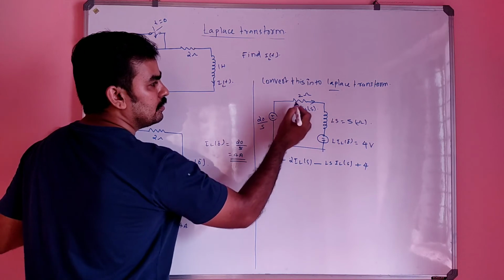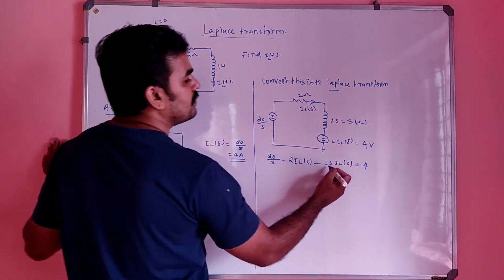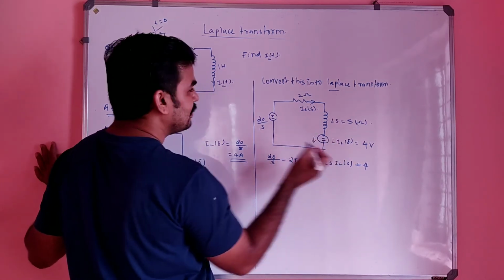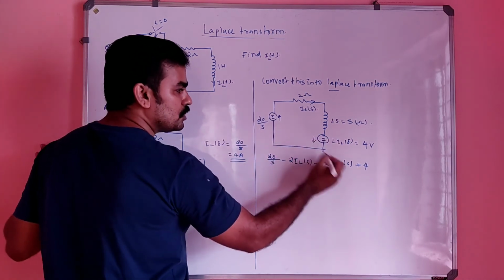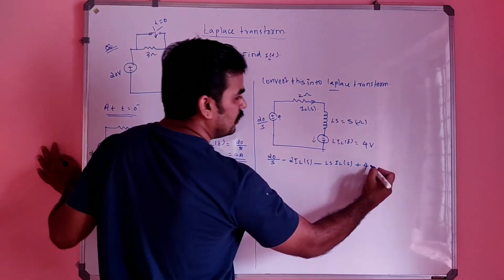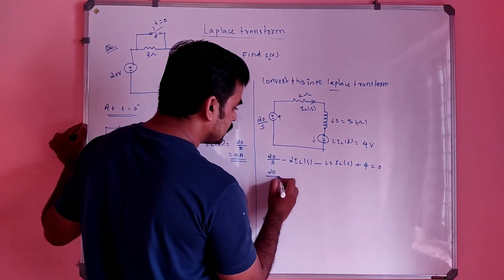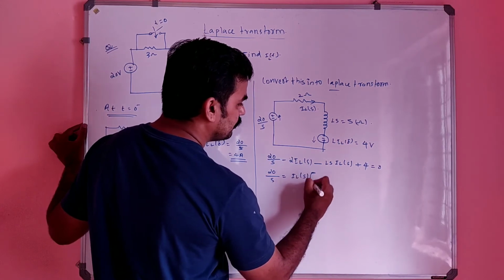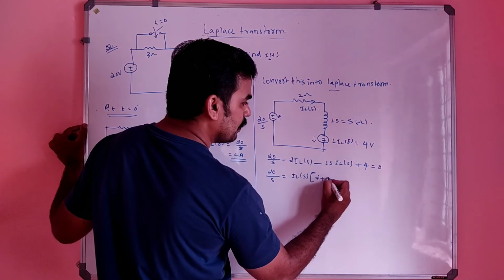Going through the source, minus to plus means increasing potential. Here also minus to plus is increasing potential. That is why plus 4 equal to 0. Or I can write 20 by S equal to IL of S into 2 plus LS. LS is 1 into S, simply S.